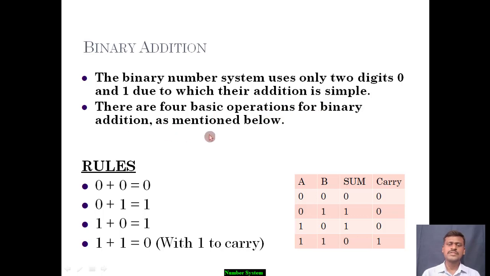We will call those the binary addition rules. First rule is 0 plus 0. 0 plus 0 will give you the answer 0, that is the sum. Next, 0 plus 1 will give you 1 as a sum. Next, 1 plus 0 will give you sum as 1. Last rule is 1 plus 1.